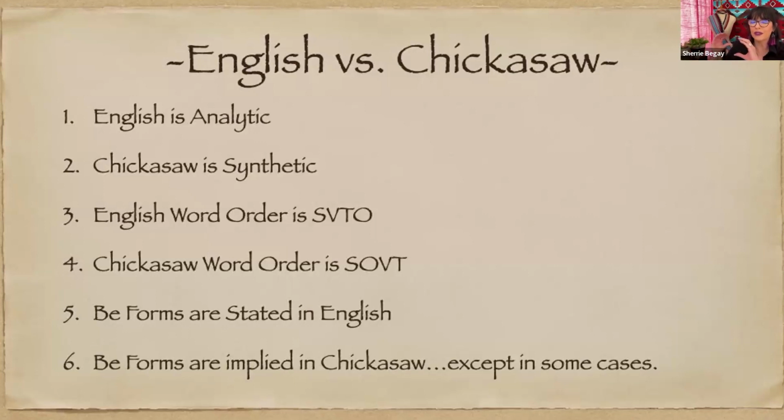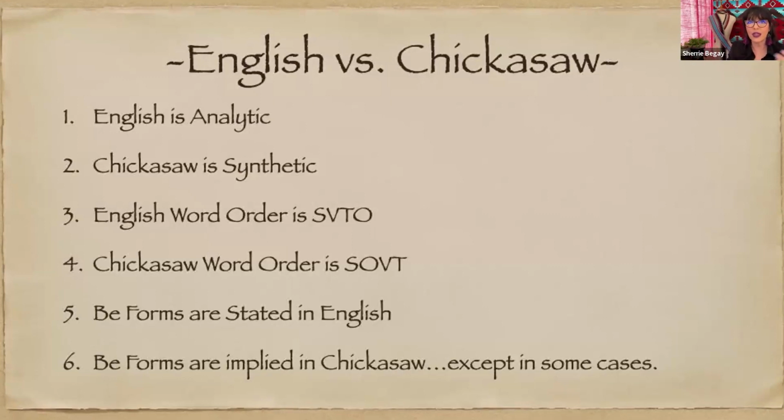So you can see the difference between an analytic language and a polysynthetic language. Languages will vary in degree into how analytic or how synthetic they are. In fact, they might change over the decades, back and forth, but probably not going all the way to the other side of the spectrum.